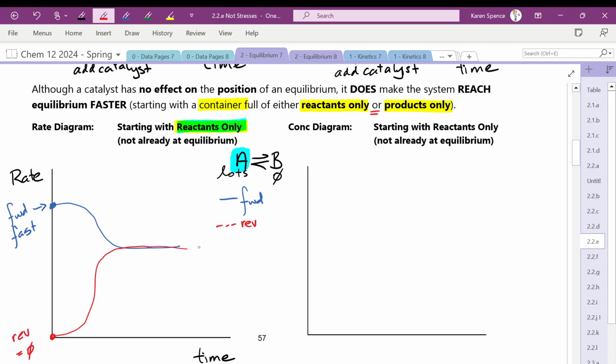Better? No. What's wrong with that? That's an S curve. Okay. Better? No, it should be a curve.